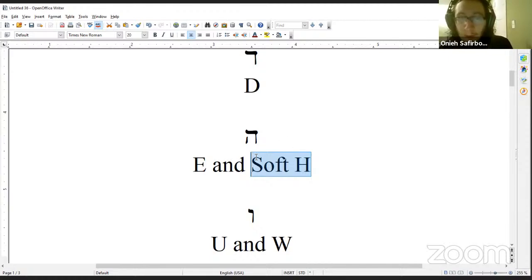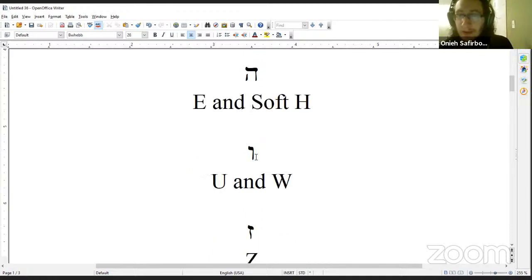The vowel for U corresponds to the English letter U, and it's the letter Wa in Hebrew. It has a U sound and a W sound. The reason it has a W is because the U sound naturally leads to a W consonant when you're saying it.